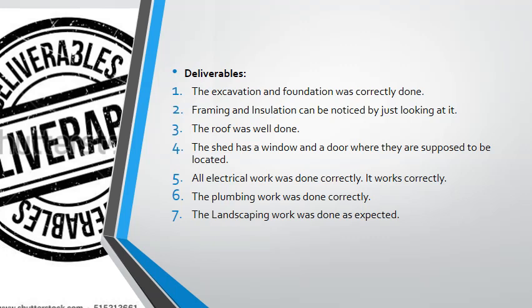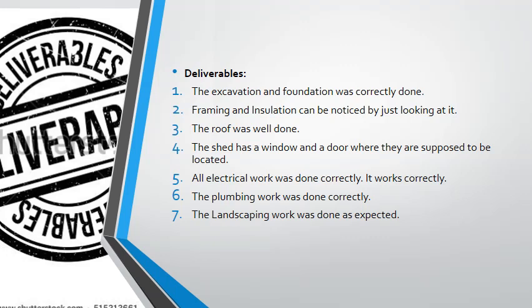The project's success may be verifiable by looking at the completion of these milestones. The excavation and foundation were correctly done. Framing and insulation can be noticed by just looking at it. The roof was well done.